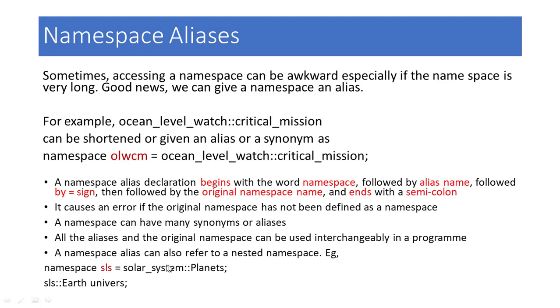A namespace alias can also refer to a nested namespace. For example, namespace SLS equals solar_system::planet. Then here we say SLS::Earth universe. That is about nesting namespaces alias. That shows how a namespace alias can also refer to a nested namespace.